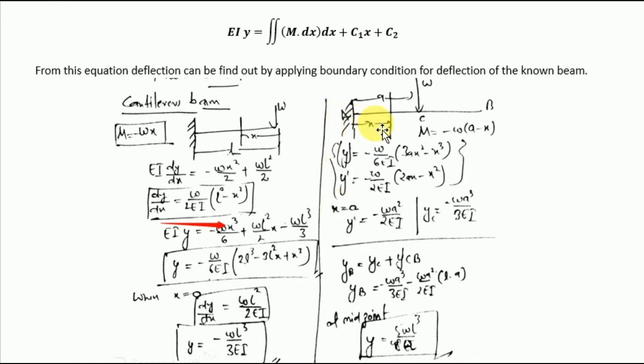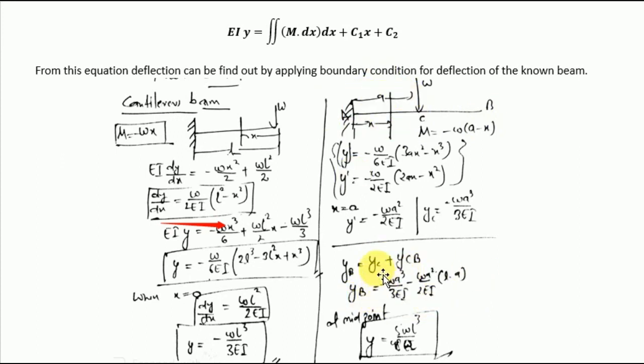If x is equal to a, which is shown here as point C, the deflection at point C is denoted by this formula, yc is equal to minus Wa cube upon 3EI. And if we want to find the deflection at point B, what we have to do is calculate by this formula, yb is equal to yc plus y dash times cb, and the distance cb is the total length of the beam minus a, and we place it here.